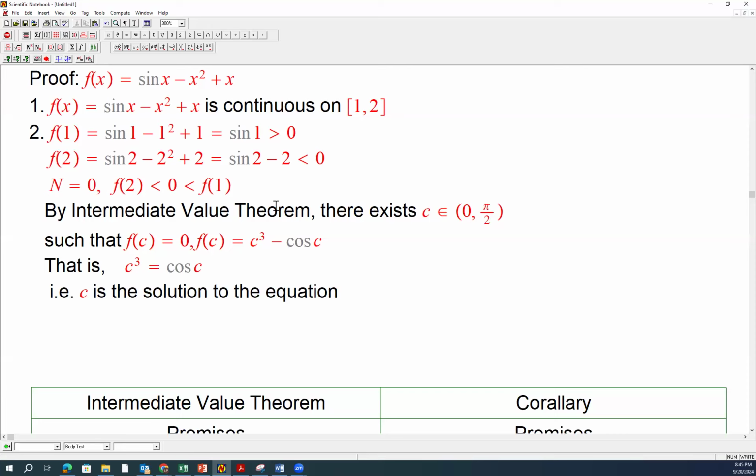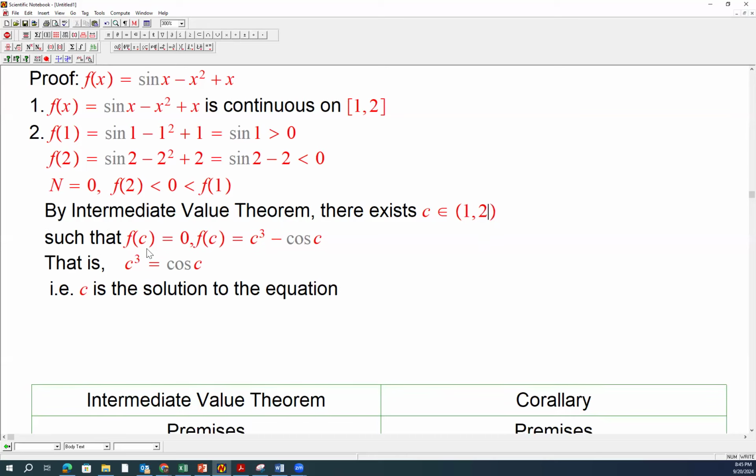By the intermediate value theorem, there exists C between 1 and 2 such that f of C equals 0. And of course, my f is now this piece. It's a different function.